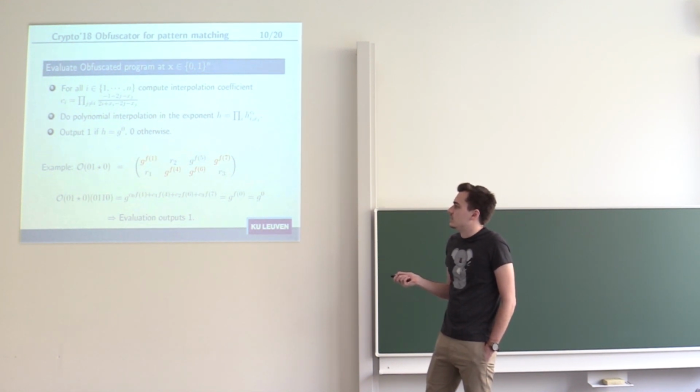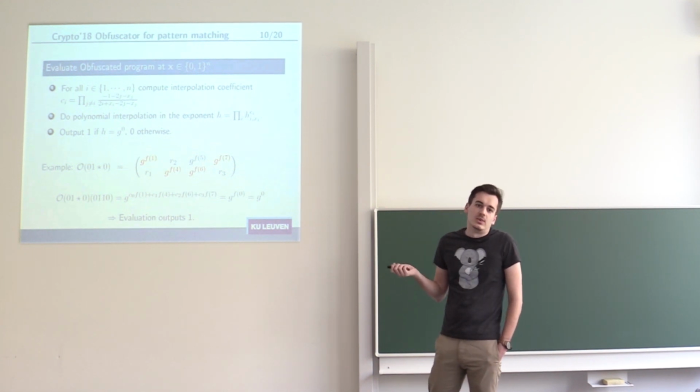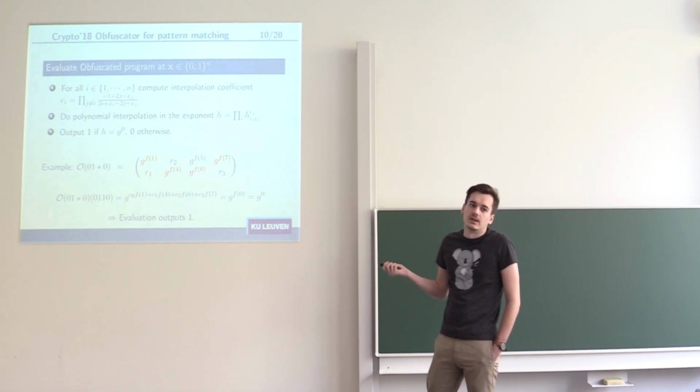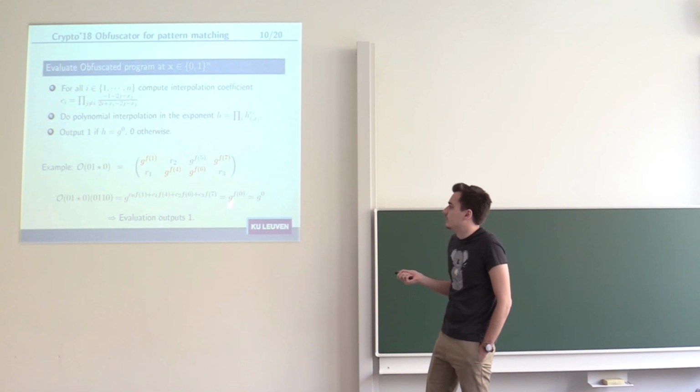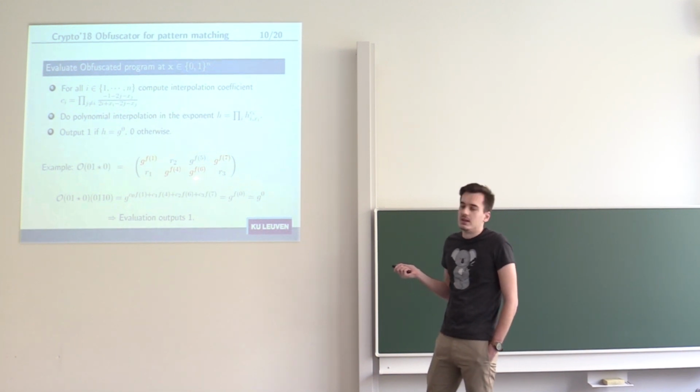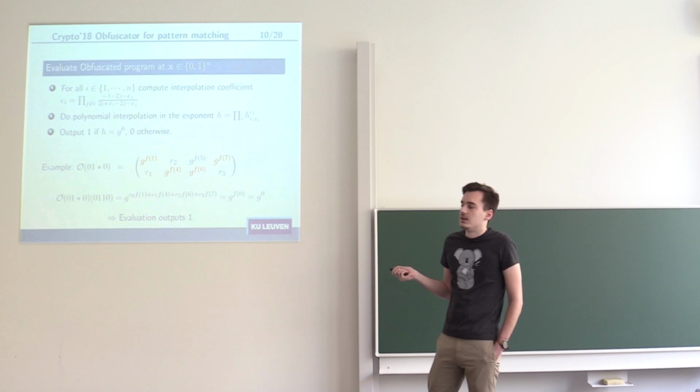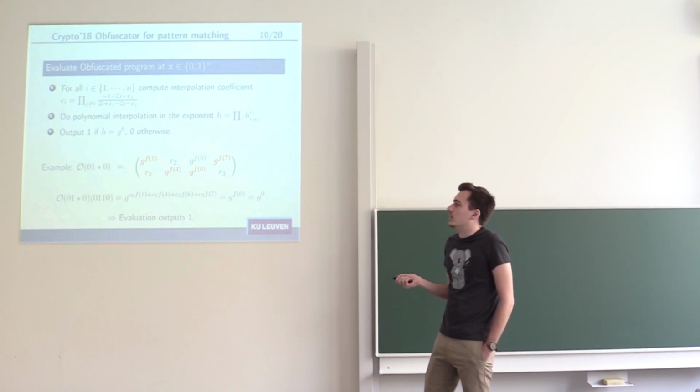So it's really just g to the power this thing. And you've chosen your interpolation coefficients in such a way that this is equal to f(0). So you're interpolating 0. And you've chosen the polynomial f in such a way that this is 0. Right, so in this case, this product that we compute is equal to the identity element. So we output 1 to say that it matches the pattern.